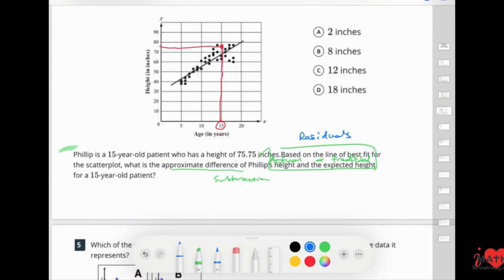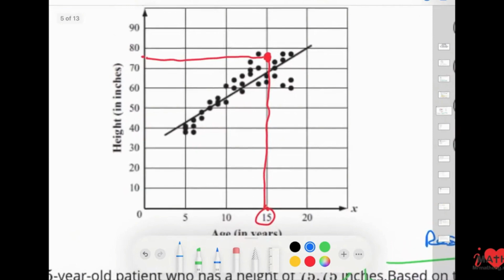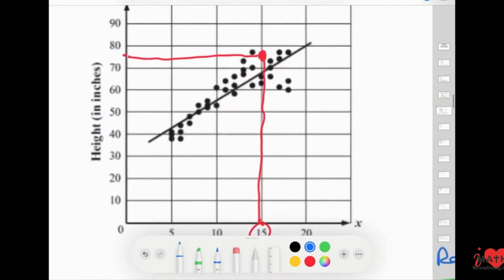So if you go up here and we zoom in, now here is 75.5, and he's actually supposed to be on the line. Let me use a different color. He's supposed to be on the line here, and let's just say that number is like, I don't know, 68, 67, okay?